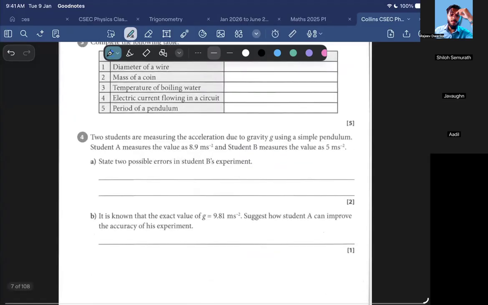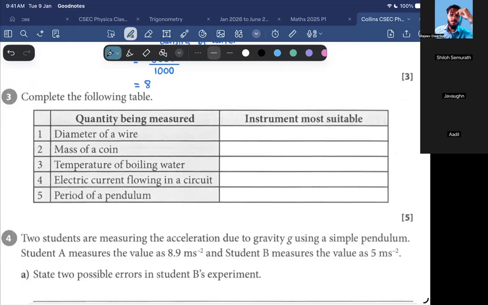Let me do this fast. Alright, if I want to measure the diameter of wire, what will we use? Scale.